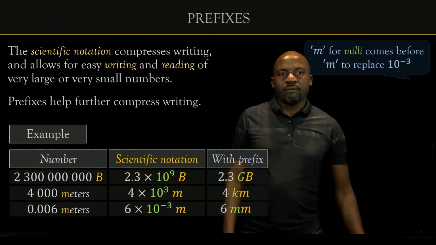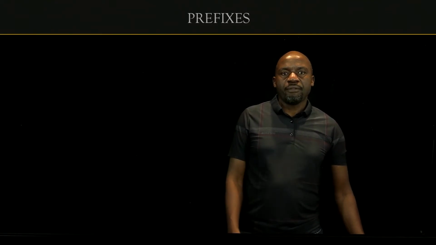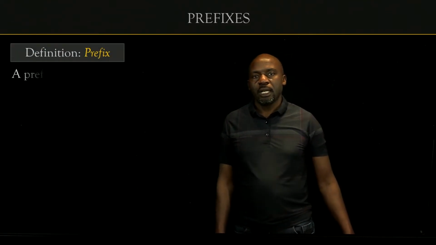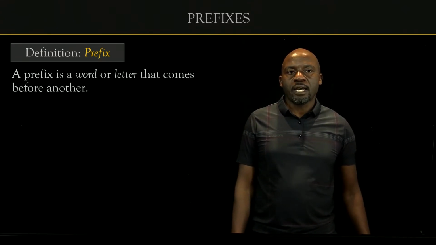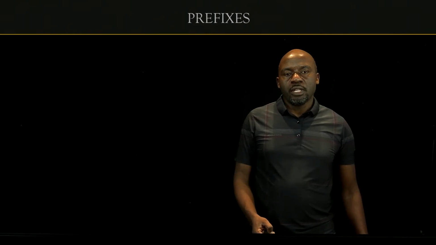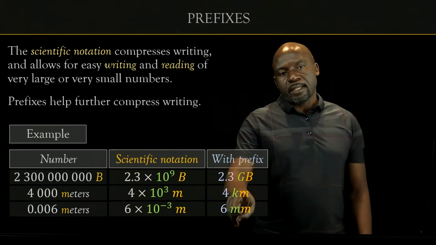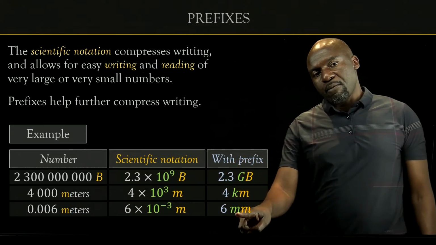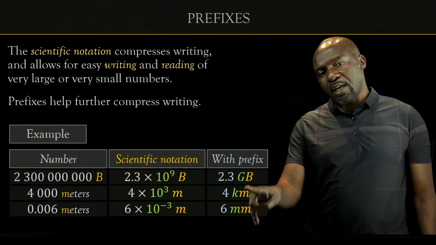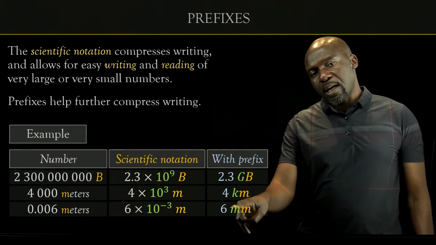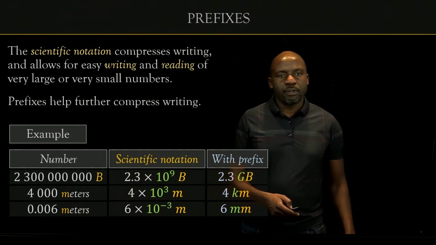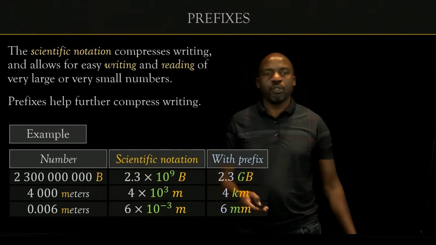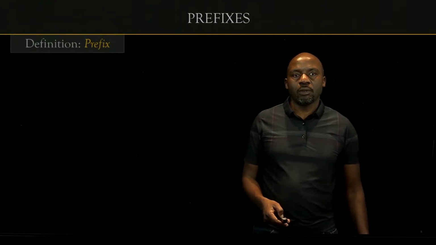So effectively what we are saying is that by definition a prefix is a word or letter that comes before another, and we just saw that these letters, the G, K, and M, which came before the M there and the B there, are called prefixes. Okay, they have special names, and I want us to take a look at them.